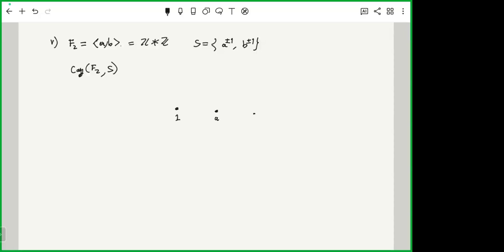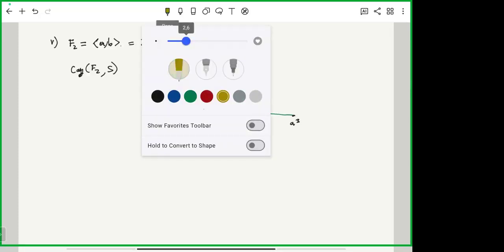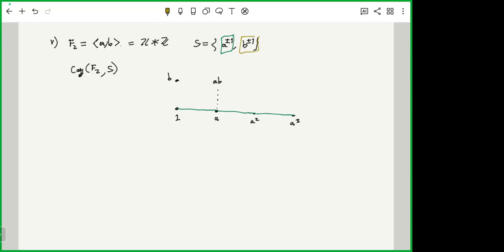I can multiply by A squared, and then I can multiply again by A, or I could multiply by B. From A, I could multiply by B, and then I get AB. So in general, if I multiply by A, I will go in this direction. For example, if I multiply by B, I will go in this other direction.